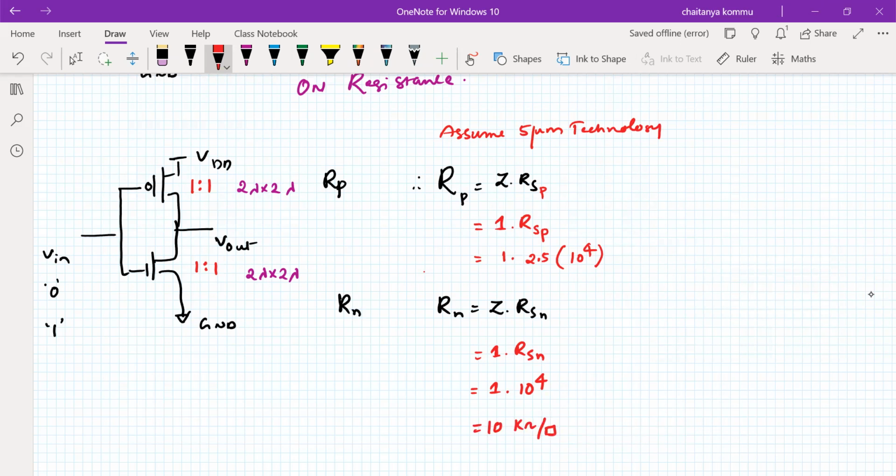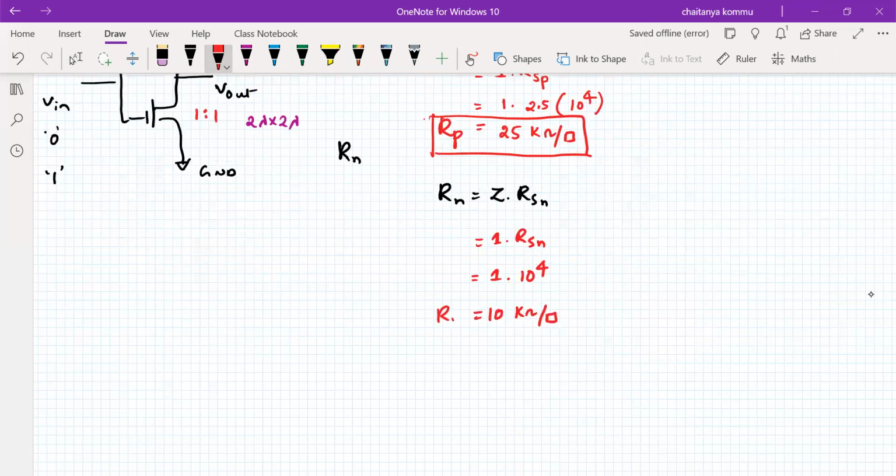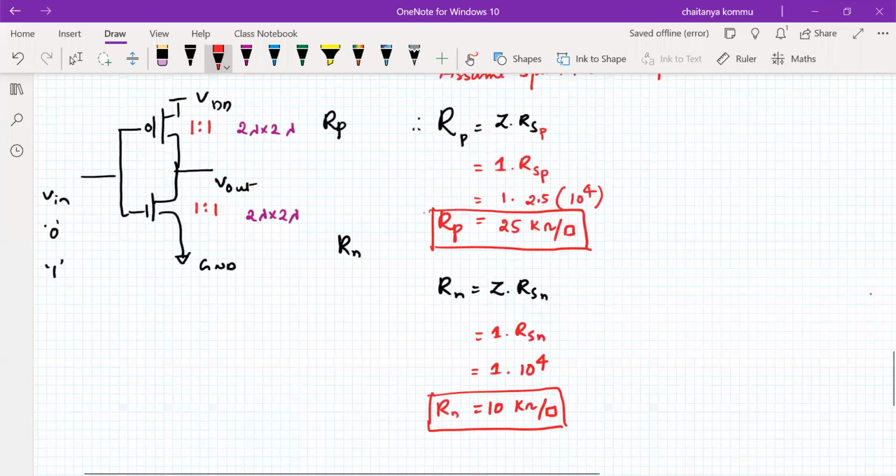This one becomes 25 kilo ohm per square, that is called RP. So individually, we are able to calculate the resistance of the transistor, but the on resistance is not possible to calculate.